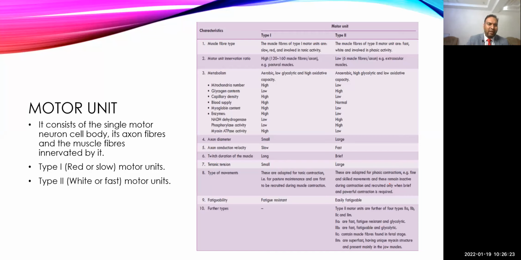Many muscles are mixed and contain both red and white motor units, and we can increase or decrease the concentration of red or white motor units. So this is the difference between the red and white motor unit. You can go through it.